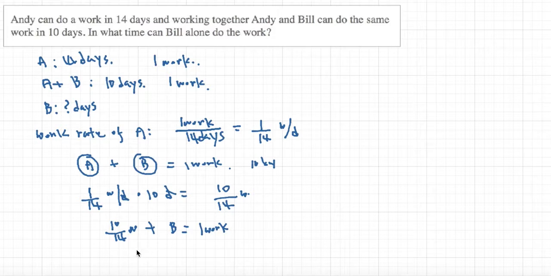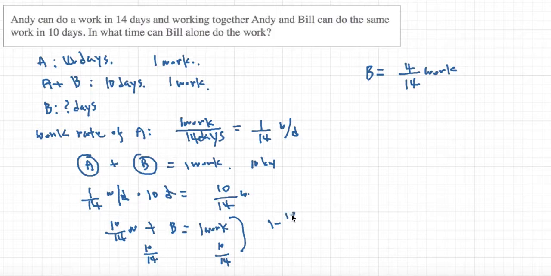So by subtracting 10 over 14 work from each side, we know the amount of work done by B is 4 over 14 work, because 1 minus 10 over 14 is 14 minus 10 equals 4 over 14.